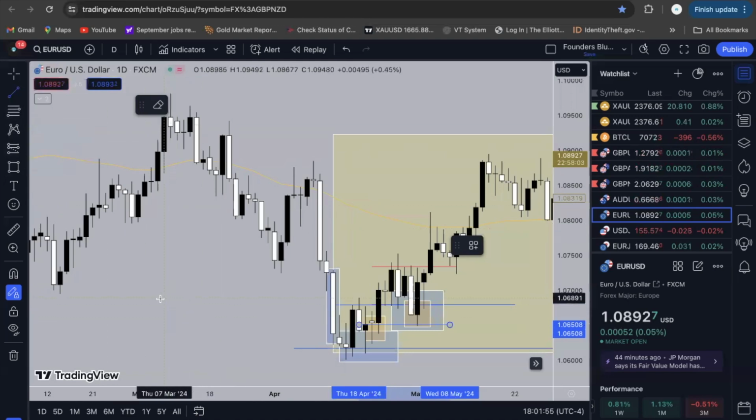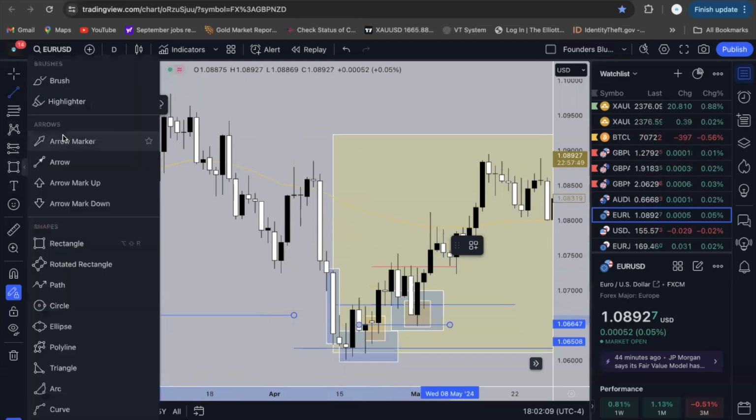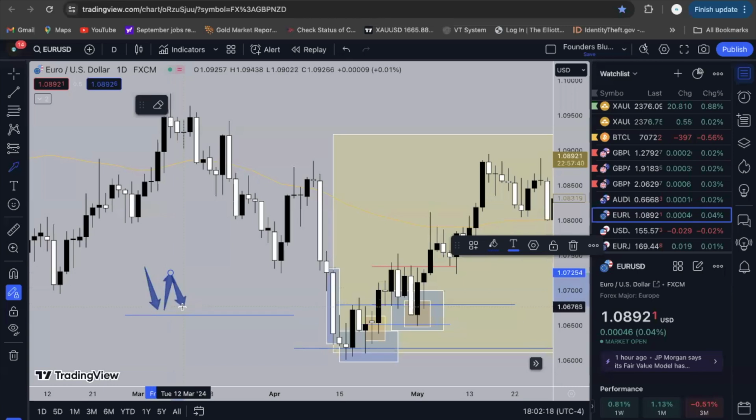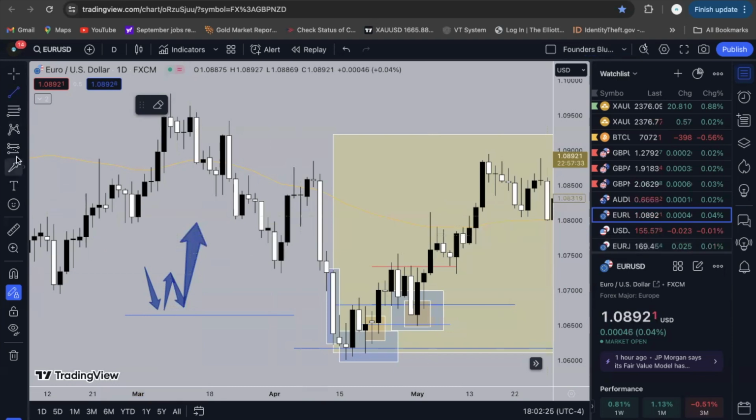So let's go over this concept real quick: gaps, overlaps, and touches. This applies for supply and demand, or support and resistance. So you can apply this concept with support and resistance.